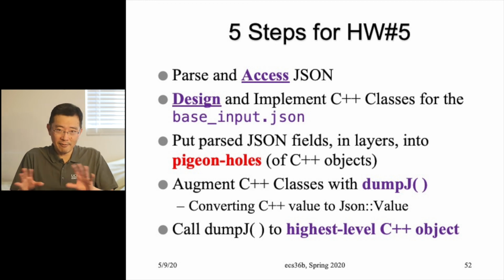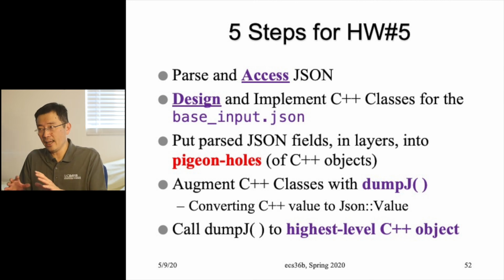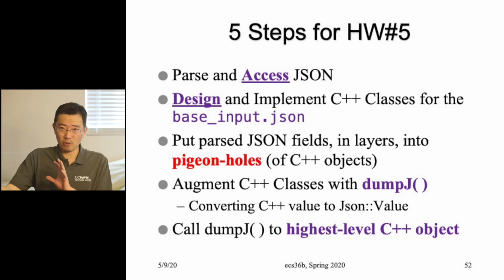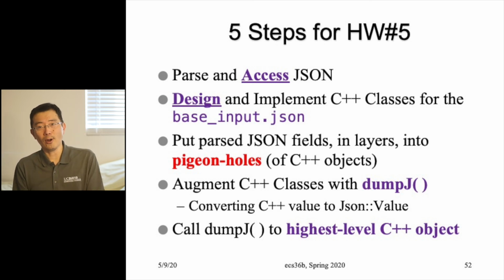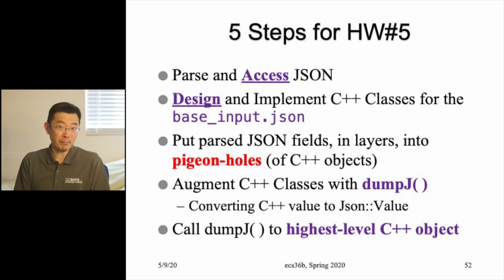So you kind of divide and conquer the problem, and it's very nice and clean to be able to reuse that with a large scope. And the last one, once you did 1, 2, 3, 4, how do you know it's correct? You just call dump j on the highest level C++ object, which is the dump j for post, my post routine or the class post.